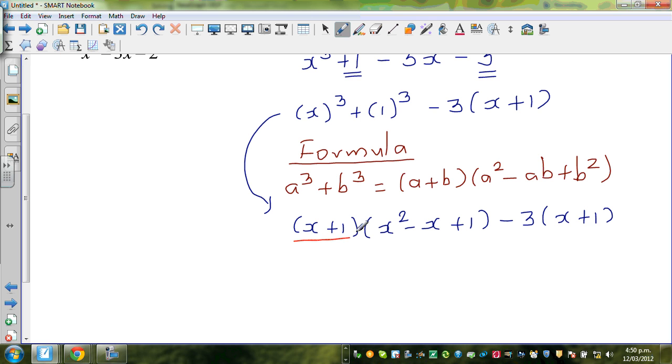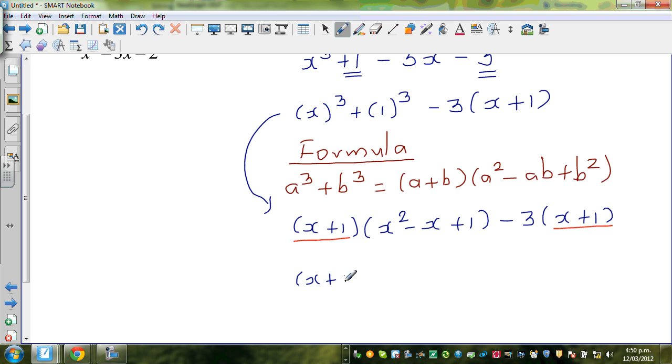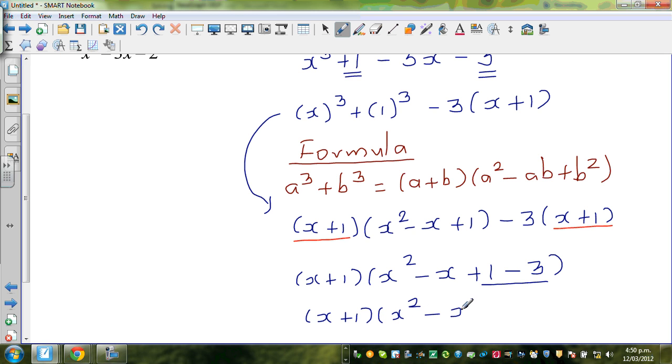You can factor out this bracket x plus 1. If you factor that out, you have (x plus 1) times (x squared minus x plus 1 minus 3). So you can simplify this too. So this is (x plus 1) times (x squared minus x minus 2).